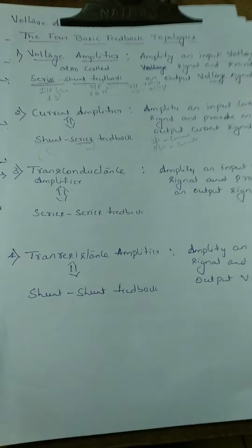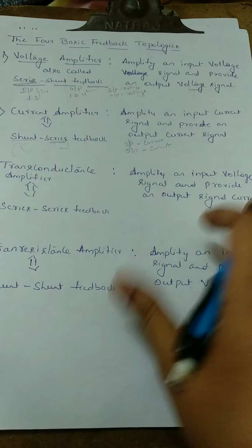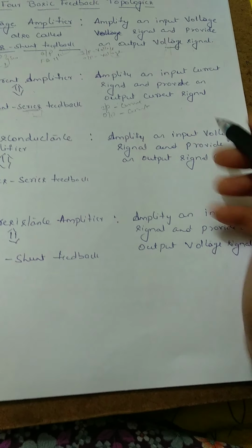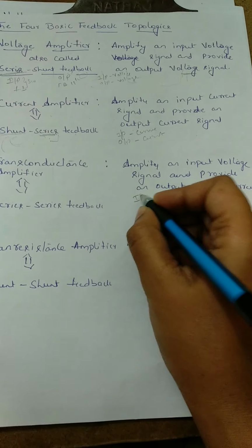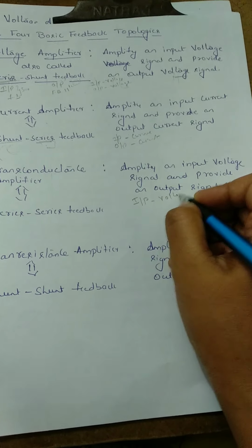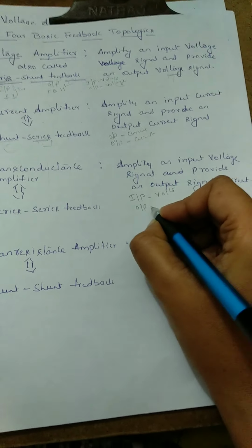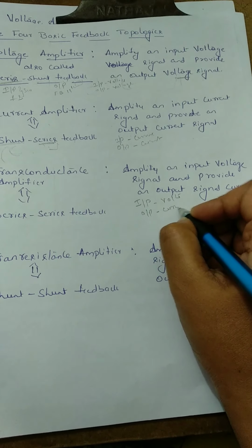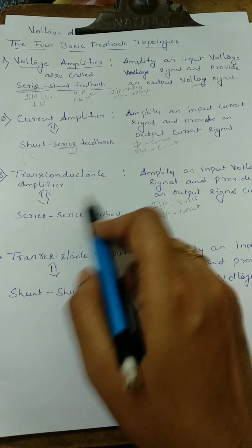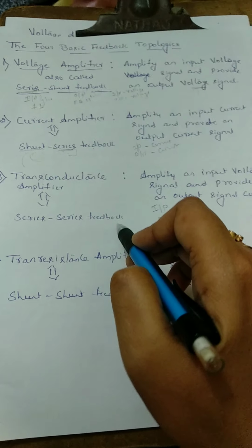So next is the transconductance amplifier. In the transconductance amplifier, the input is voltage and the output is current. That we call a transconductance amplifier, also called series feedback. Whereas in a voltage amplifier, input is voltage and output is voltage, and in a current amplifier, input is current and output is current, in a transconductance amplifier input is voltage and output is current. Why is it called series feedback?